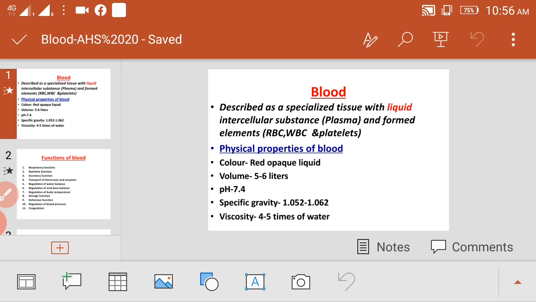Coming to water, water has less viscosity because the cells are not present. In the blood, the cells and the organic and inorganic components are present. So the viscosity is 4 to 5 times that of water, more than the water.